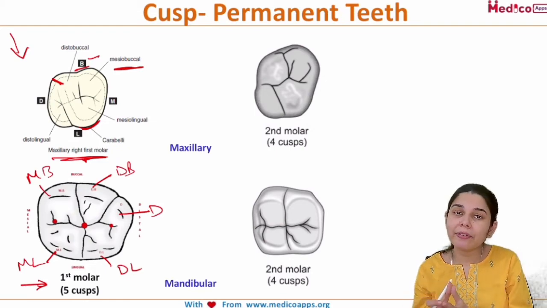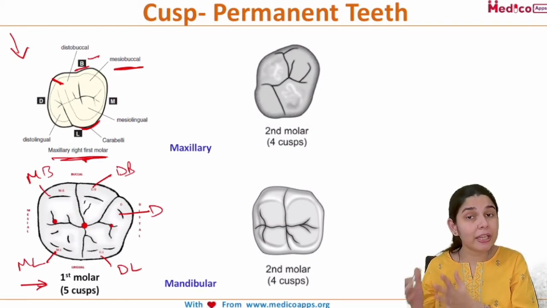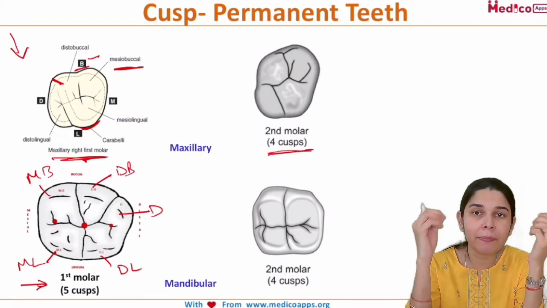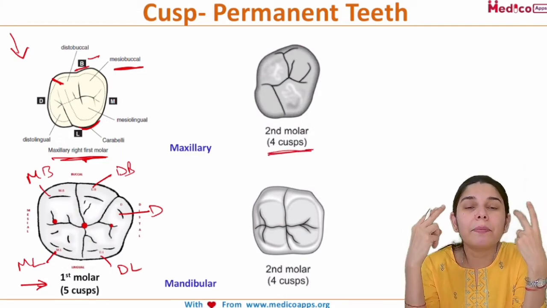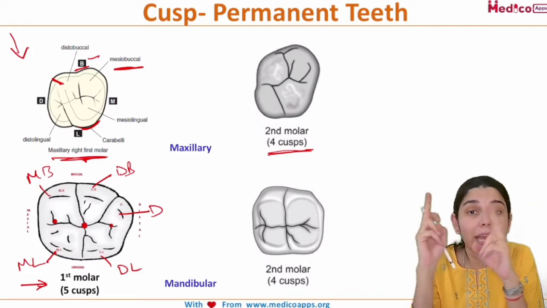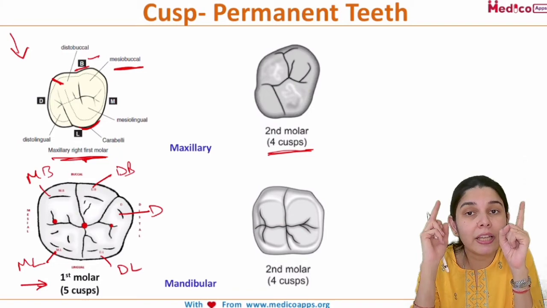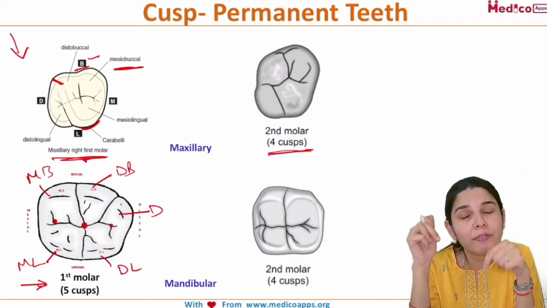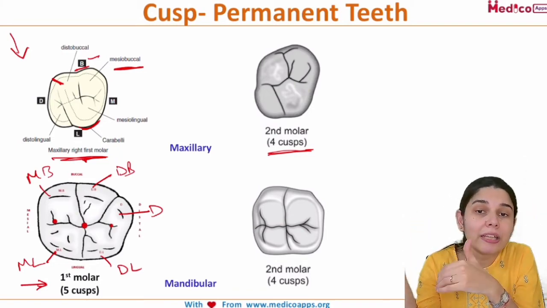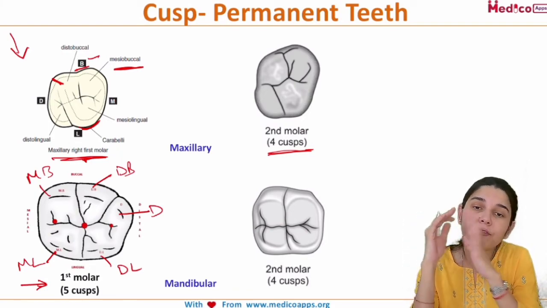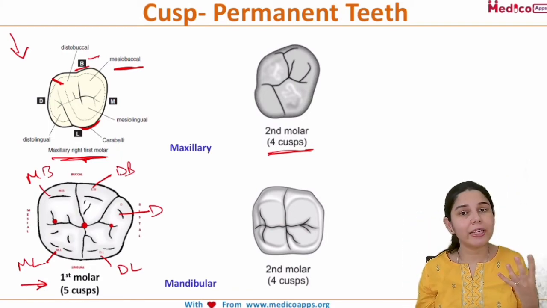Now moving ahead with the second molar, maxillary and mandibular, they have only 4 cusps. So you have to remember that canines have 1, the premolars have 2, but the exception is the mandibular second premolar. Then the maxillary first molar and mandibular first molar have 5 cusps, and lastly the mandibular and maxillary second molars have 4 cusps. So what are the 4 cusps? Very easy to know.